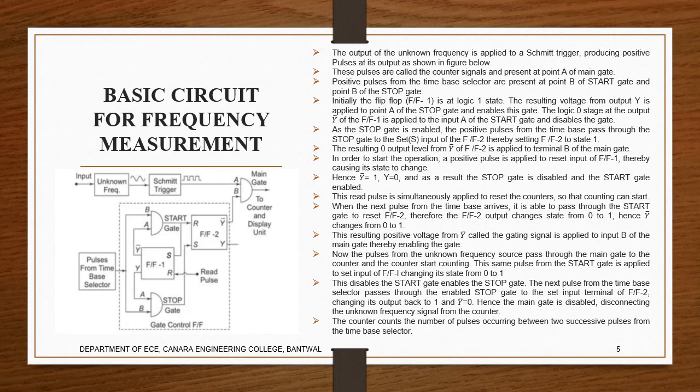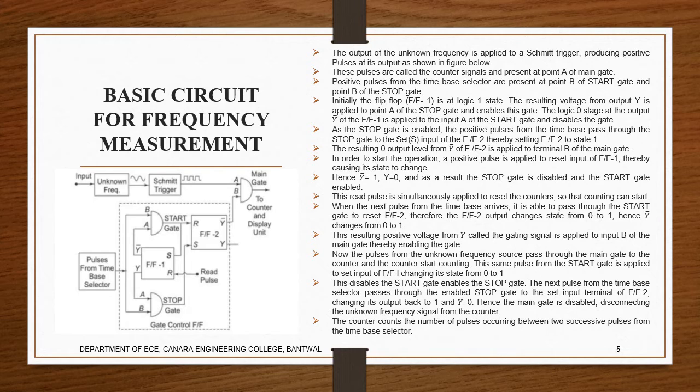Initially, we need to reset flip-flop 1. So the pulse has been given to the R of flip-flop 1. Then at that time, Y will be 0, Y bar will be 1.